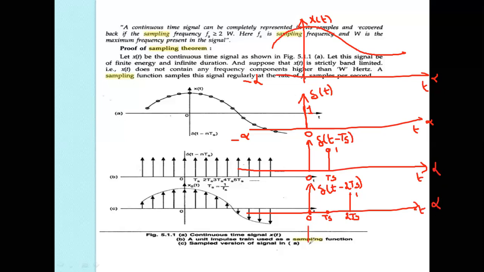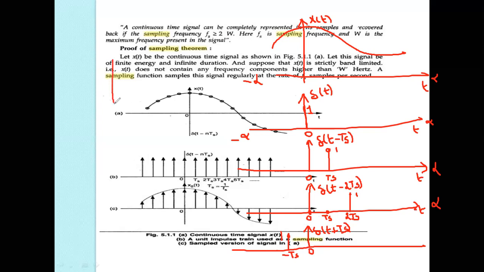Now I am taking another signal, delta of t plus ts. Plus means it is an advance function, shifted towards the left side by one sample. Its magnitude is also 1. Got it, my dear students?